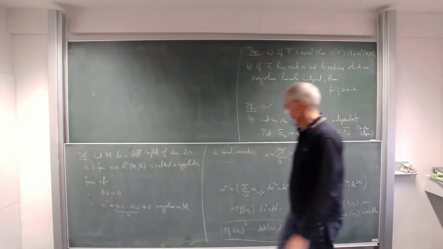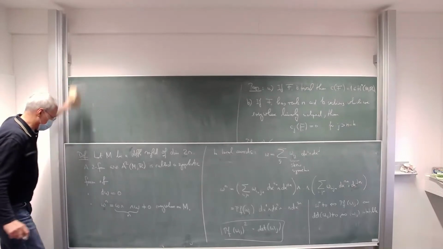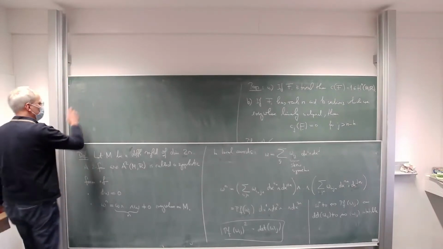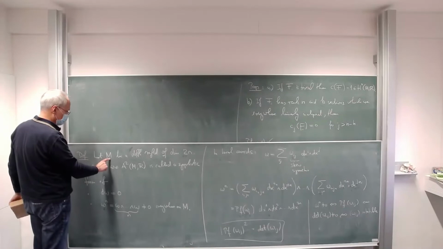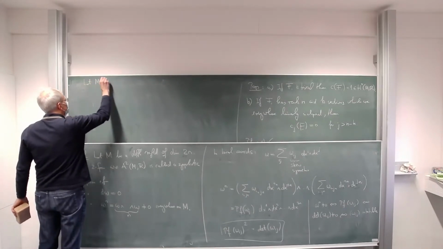Okay. And now, so let's see. Now the next thing I claim, so from now on, let me assume that M is compact and without boundary. So let M be closed now.